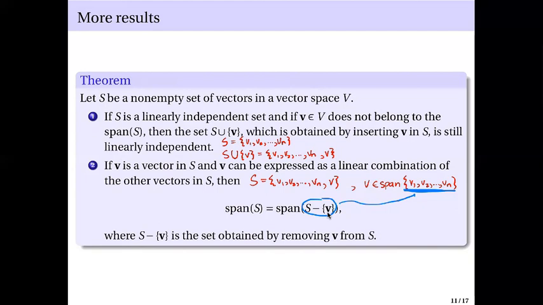For example, let's look at some simple example here. Let's look at R3. We let our S be the set 1, 0, 0, and then 0, 1, 0. So S, definitely this is a linearly independent set. Let me write here number 1, so I am referring to the first statement here. And then you let your V be the element 0, 1, 1.